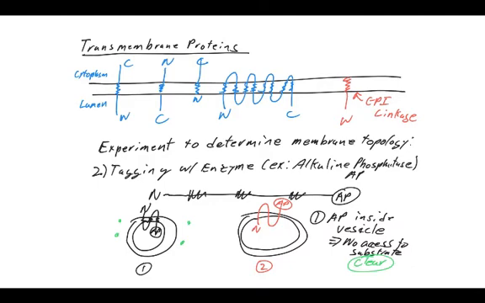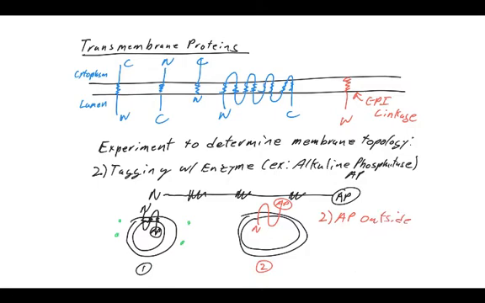So with scenario 2, what happens is the alkaline phosphatase is outside the membrane. And what that means is now the enzyme substrate can interact with the enzyme, and let's just say when it interacts with the enzyme, all of a sudden it starts generating a blue color.